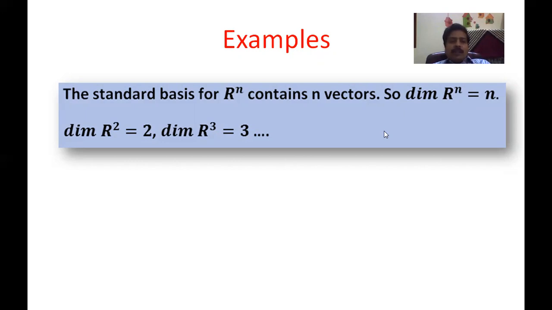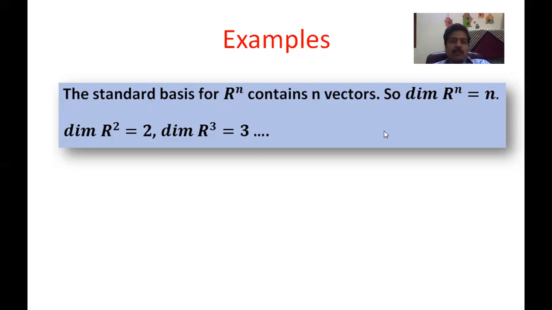Similarly, the dimension of R2 is 2, since its standard basis is the vectors (1, 0) and (0, 1). These two are the vectors in the standard basis of R2. Of course, you can form a different basis with any other two vectors which are linearly independent. So in any basis of R2, there will be only two vectors.